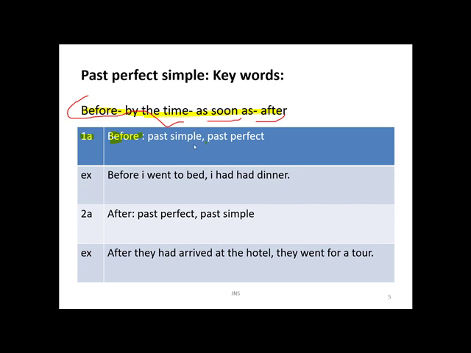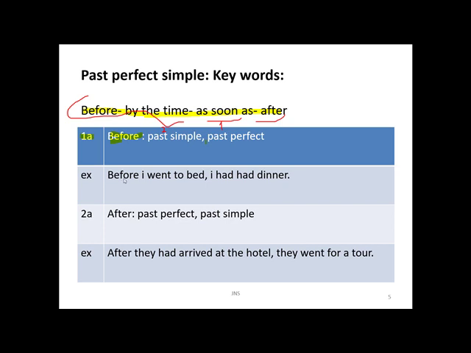The first part is written in the past simple, the second one is the past perfect, which means that before is followed by the second action, then a comma, and then I put the first action.